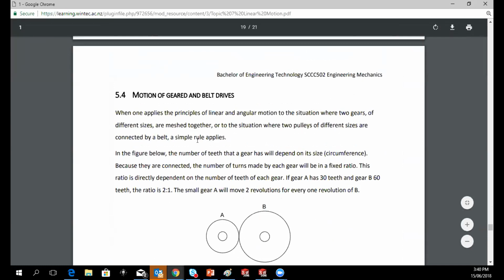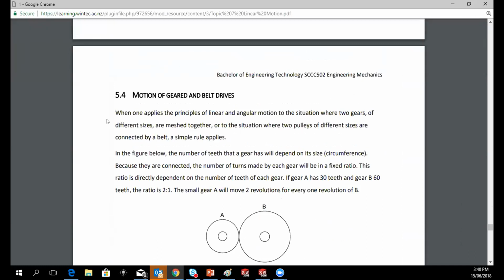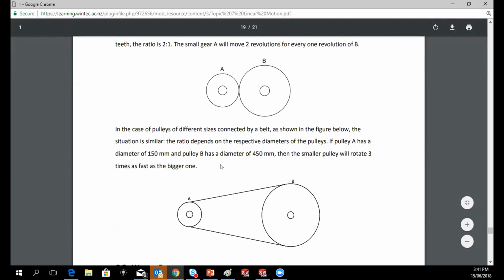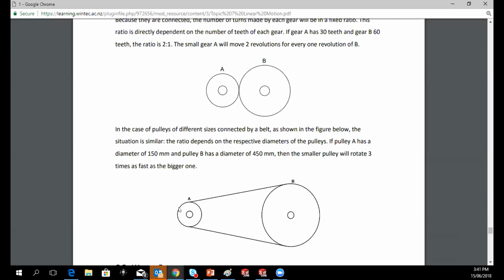This is exactly the topic. When one applies the principles of linear and angular motion to the situation where two gears of different sizes are meshed together, or where two pulleys of different sizes are connected by a belt, a simple rule applies. Here is the figure for this one. In the case of pulleys of different sizes, you get B and A, which means they have different diameters.